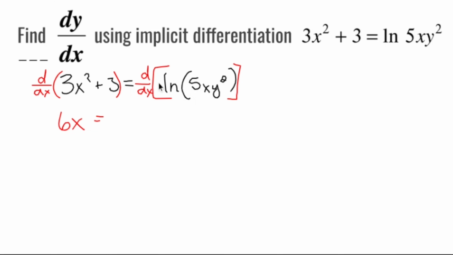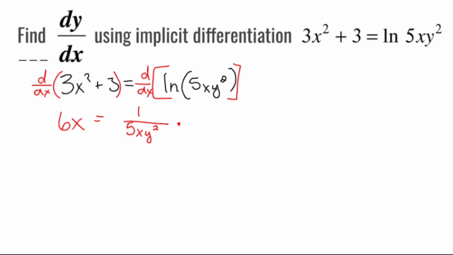This is asking me to take the derivative of ln of stuff. Now, ln of x, the derivative of that would be 1 over x. But ln of something that's not x requires the chain rule. So what I'm going to do is take the derivative of ln, the derivative of the outside, which is 1 over, keep the stuff on the inside, so keep 5xy squared, but multiply everything by the derivative of the inside with respect to x.